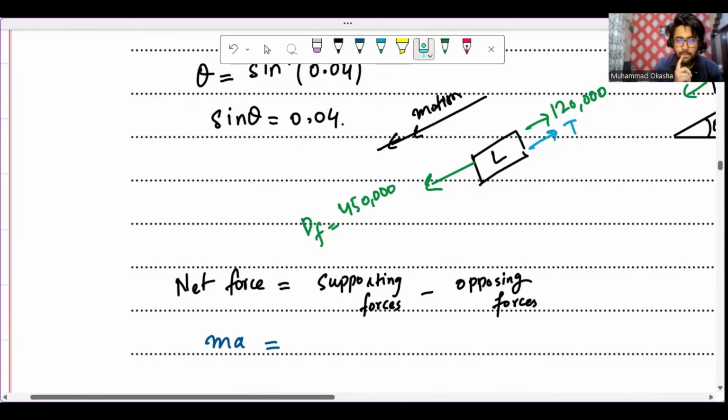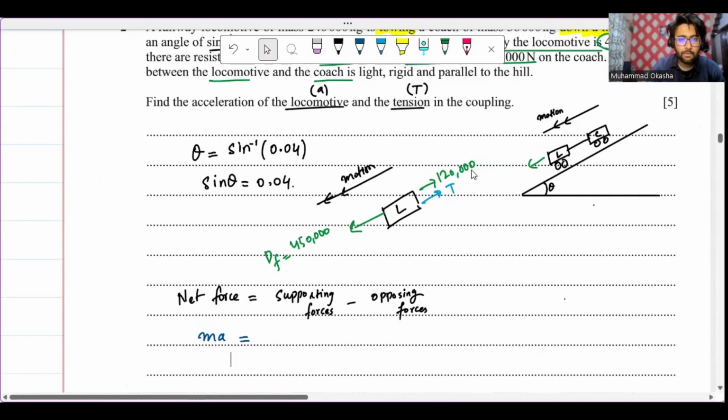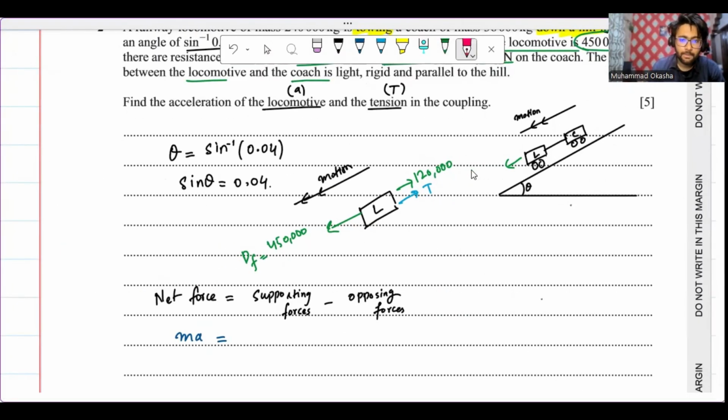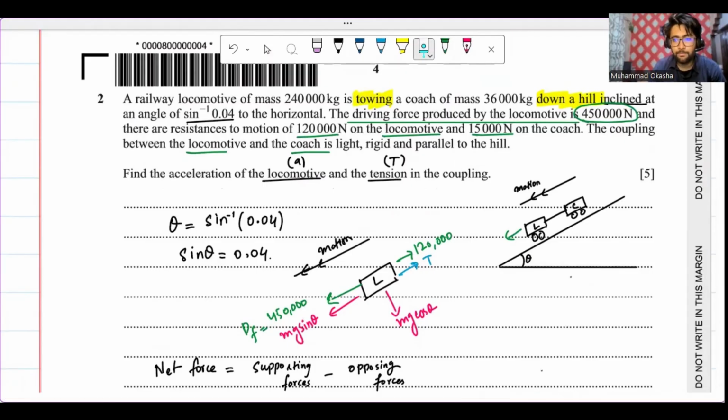I think we also missed one thing. The weight of the locomotive, right? We know that weight has a component mg cos theta in this direction, and this would be the direction of the component mg sin theta. You know how it works, right? This is the direction of the weight of the locomotive, mg. And this component is mg cos theta.